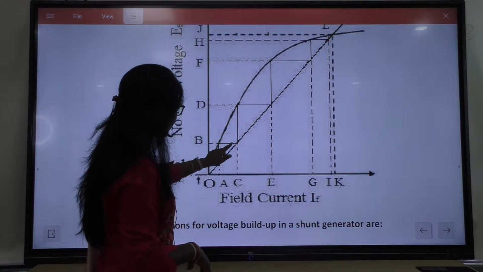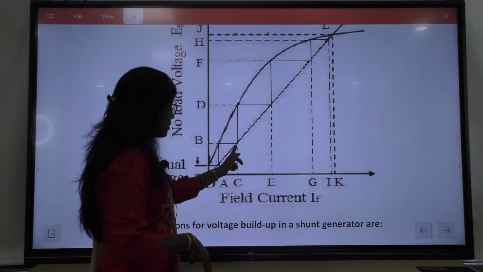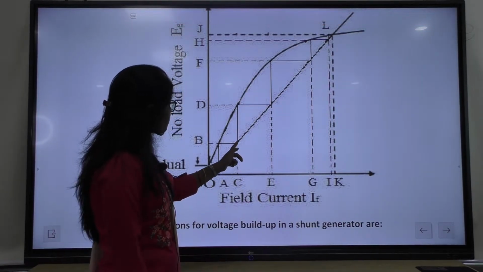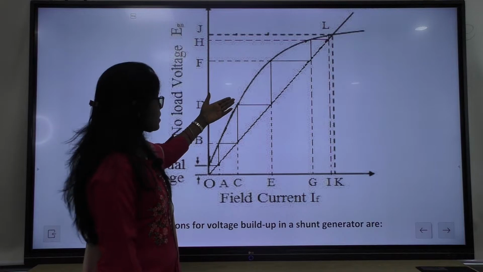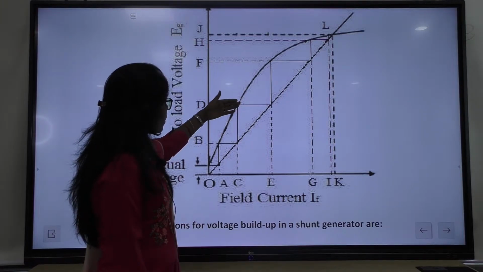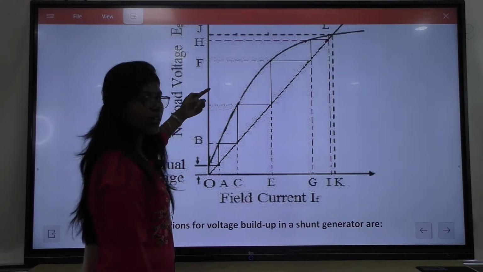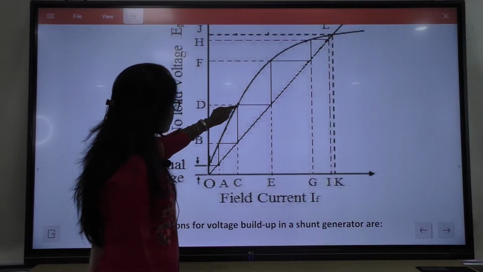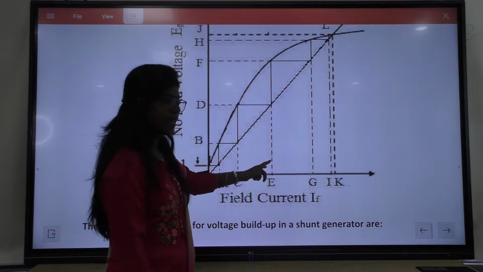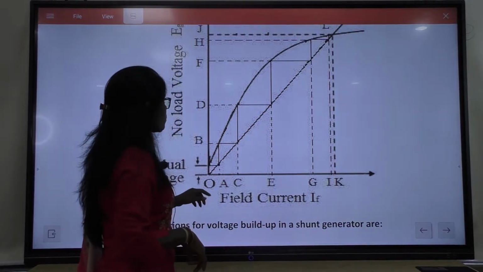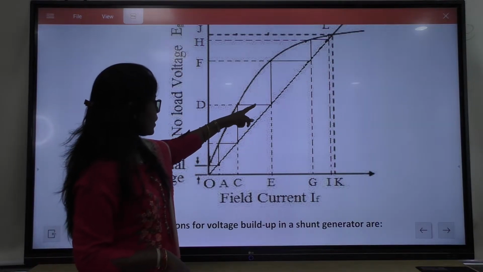Due to that new voltage, again new field current will be created. Due to that new field current, flux will increase. Again flux is increased, that means the generator voltage will increase. Due to that increased generator voltage, field current again increases. So this is a cumulative action, and this cumulative action continues.